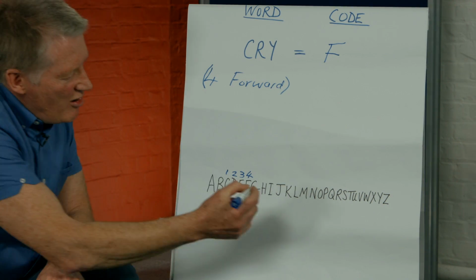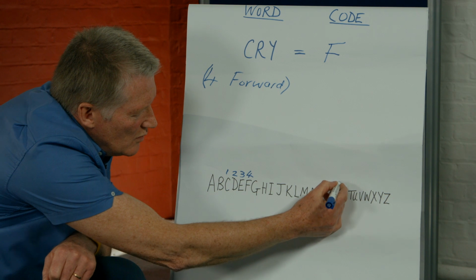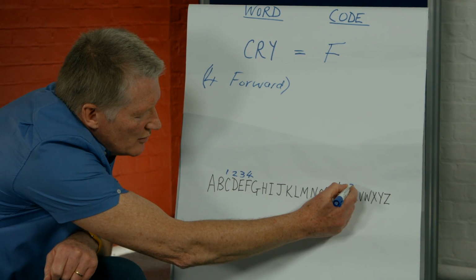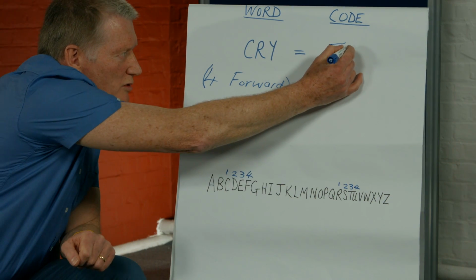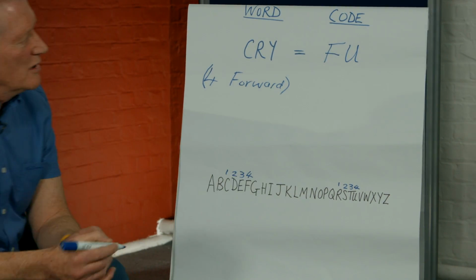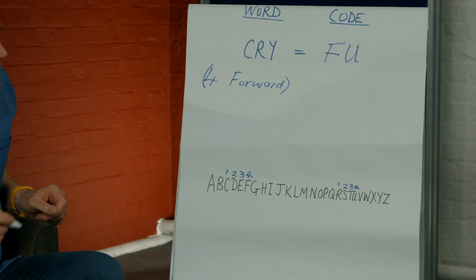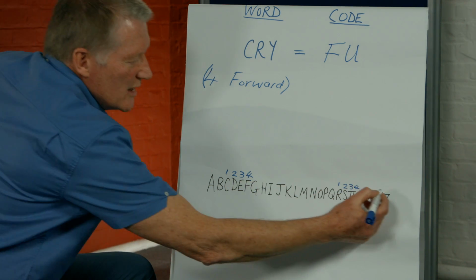And the next letter is R. 1, 2, 3, 4. So that's the letter U. And finally, Y again. So I'm going to extend the alphabet yet again.